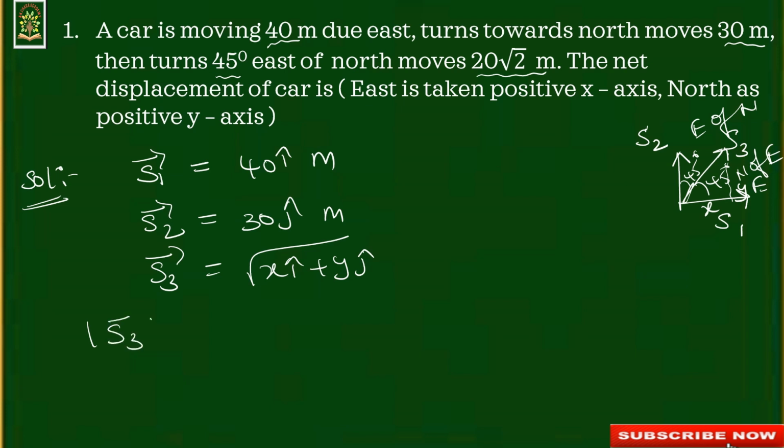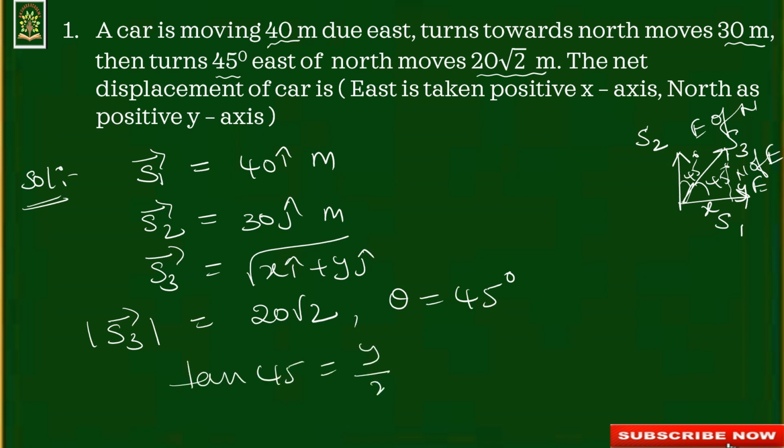Modulus of S3 bar is, they have given as 20 root 2, and theta is equal to 45 degrees. Tan 45 is equal to y by x, that is equal to 1. So y by x is equal to 1, that implies y is equal to x.